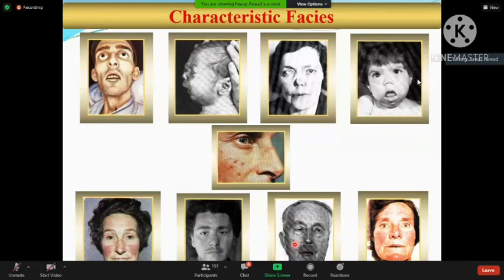Just look exactly at this face, what we call muscle weakness or myasthenia gravis.